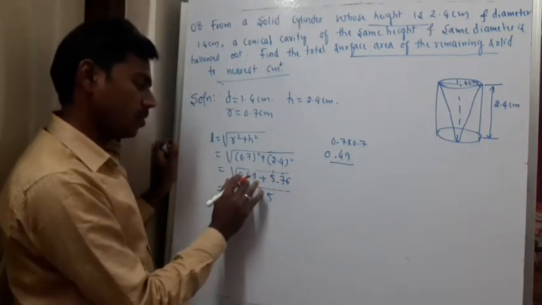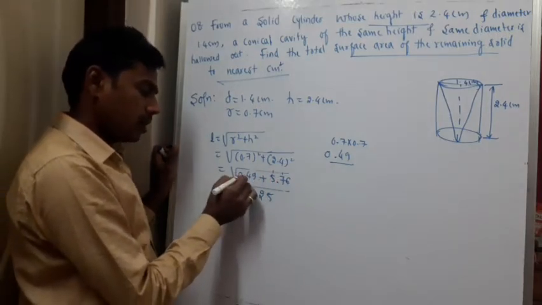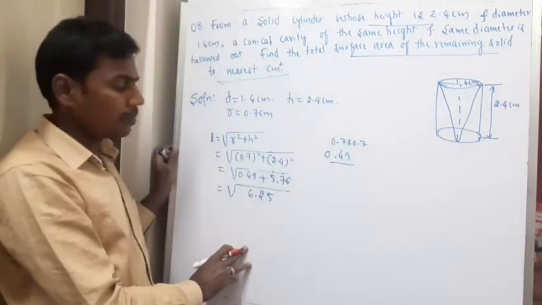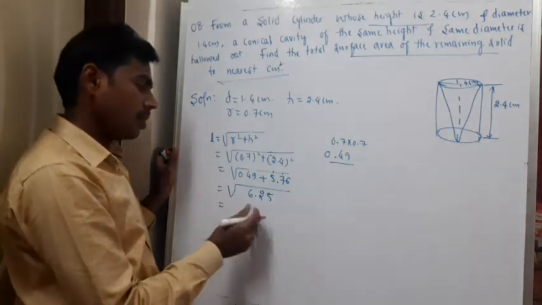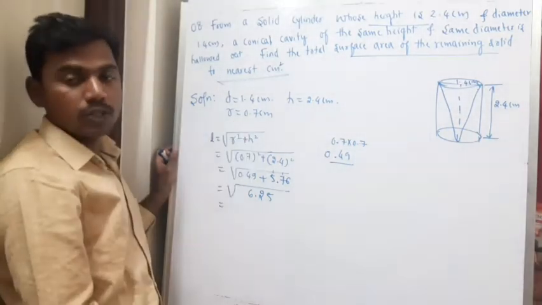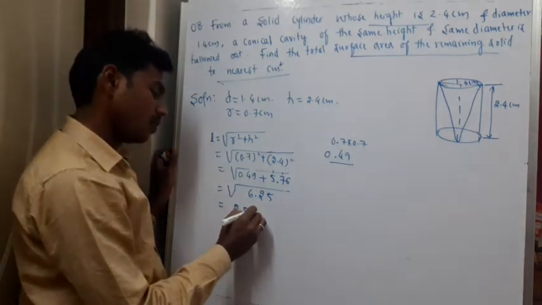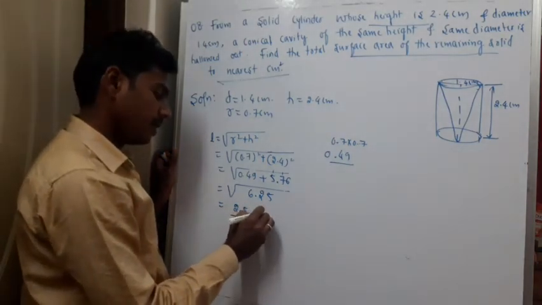After decimal 2 digits are there, so 6.25. So what is the square root of 6.25? That is 2.5, so that is 2.5 centimeter.